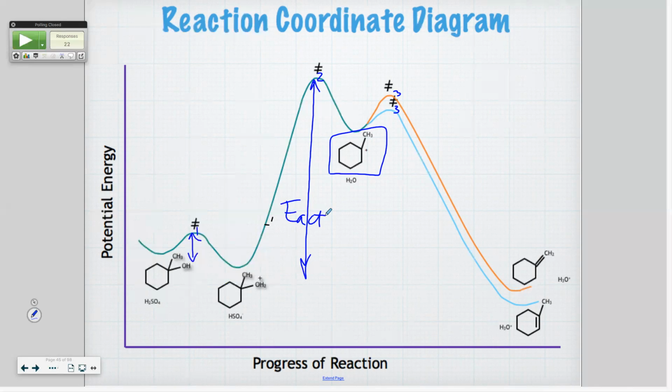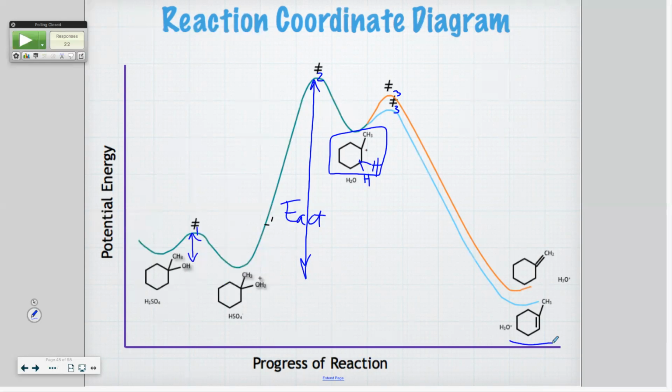Okay, so forming the carbocation should be the tallest mountain. Then the third step is making the double bond and losing a proton. There were two possibilities. One was losing a hydrogen off of one of the carbons in the ring to make this compound.